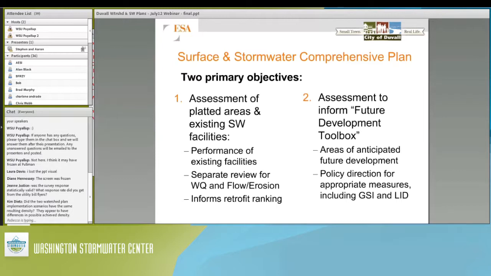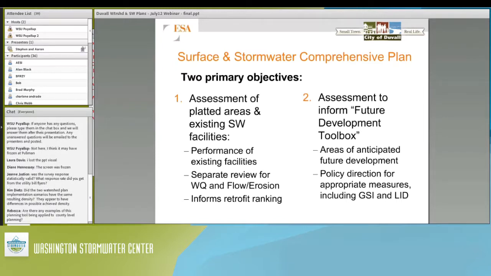So for the assessment of platted areas and existing stormwater facilities, the first primary objective, the performance of existing facilities based off of that design basis was seen as a key component to understand, at the drainage plat level, where retrofit opportunities are of most value to the city, because of the design basis and the different standards associated with stormwater management manuals at different times.